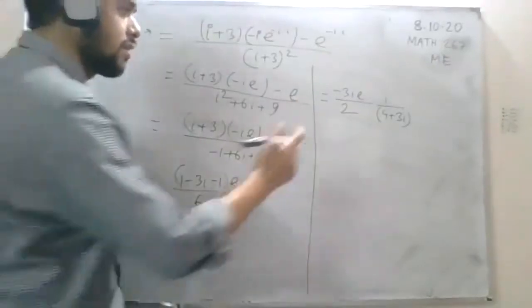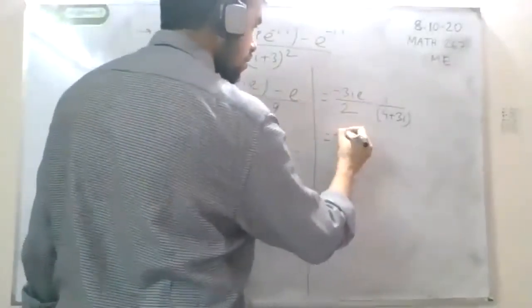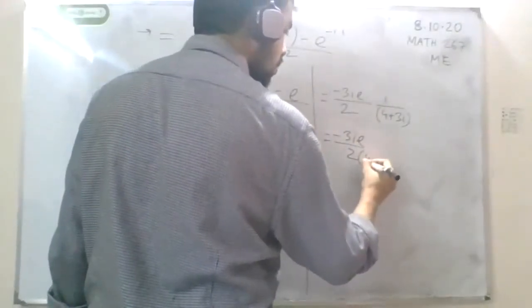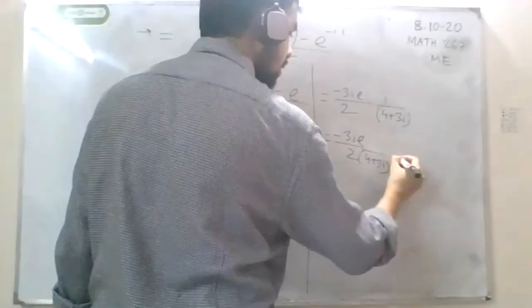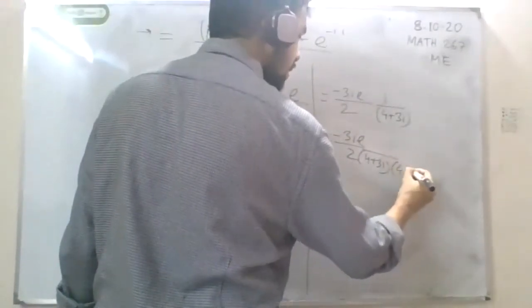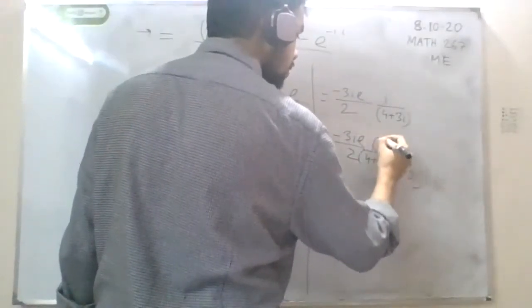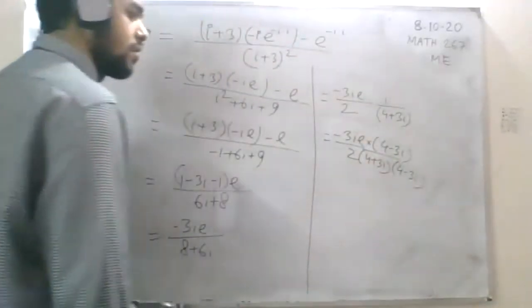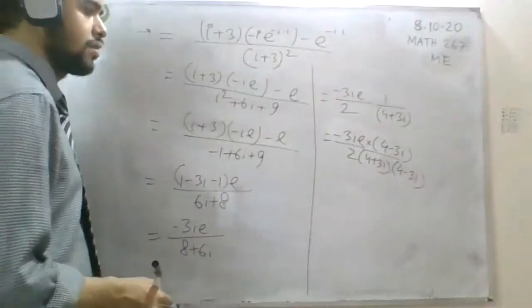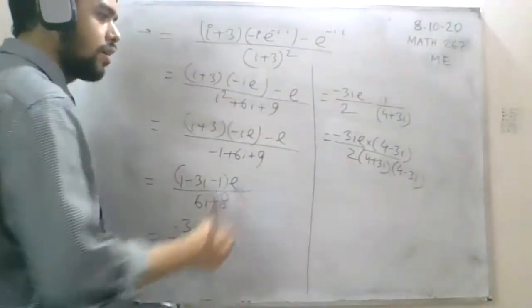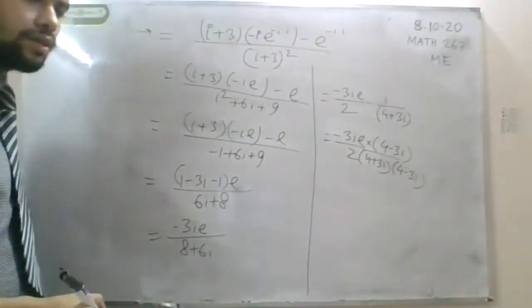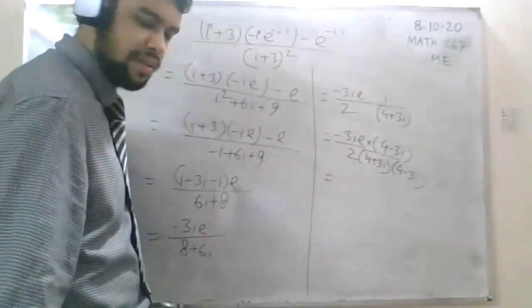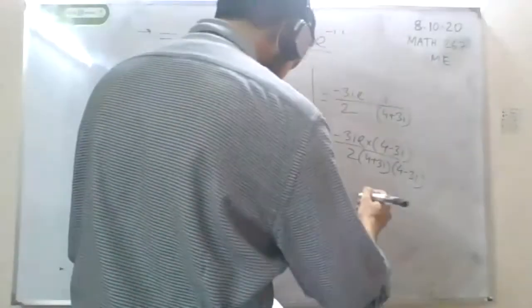Now from this, you can use minus 3ie divided by 2 into 4 plus 3i into 4 minus 3i. Here is also 4 minus 3i. So just multiply numerator and denominator by 4 minus 3i.